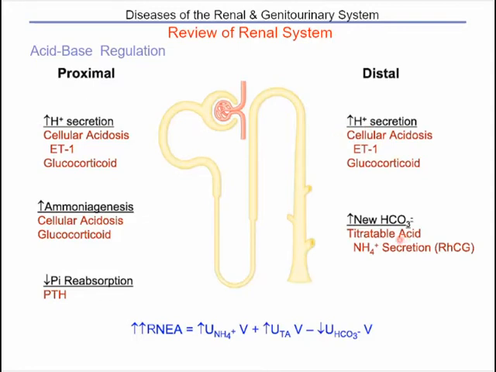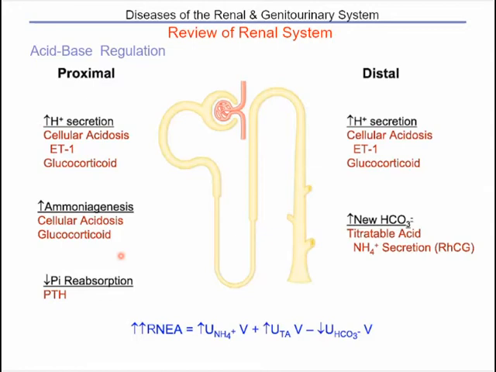However, there is increased production of bicarbonate in the distal tubules, and this will allow you to buffer titratable acids, and of course increase ammonium secretion by the RH glycoprotein. So that is how your kidney handles the acid load in the body, increasing or decreasing it.